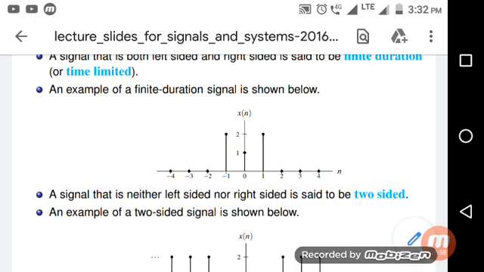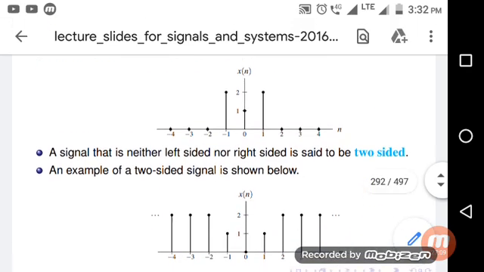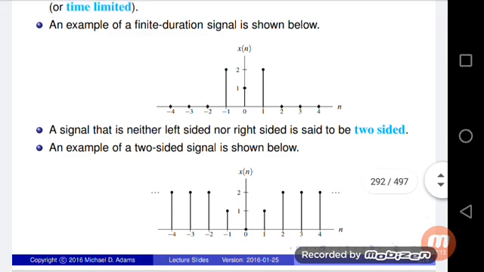Finite means it transmits the signals on both right and left sides. That's why it is called finite. Next one is two-sided signals. Two-sided signals means a signal that is neither right-sided nor left-sided is said to be two-sided.